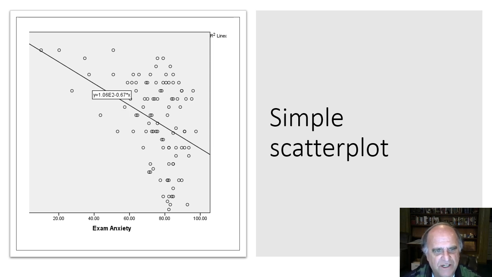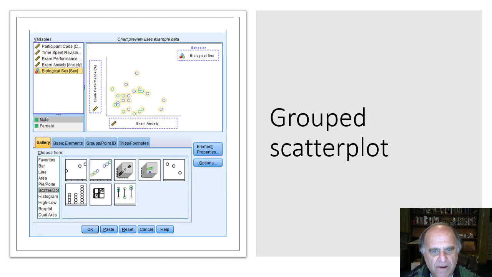There's a negative relationship. And actually, in this case, you can also see, let me get my pointer here for a second, that it actually calculates the regression line and gives it to you as part of this simple scatter plot. Here's what's called a group scatter plot. It's using biological sex.